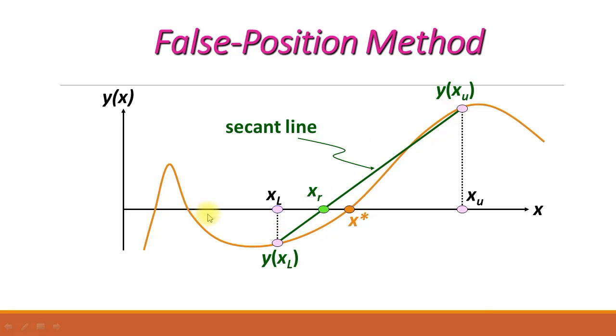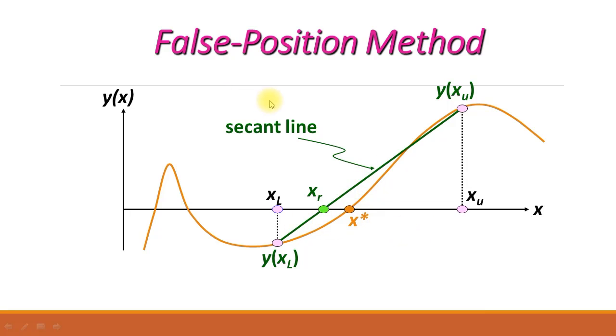If we replace this curve by the secant line, then we will find the roots x0, x1, x2, x3. This xr is the approximate root, and this x star is also an approximate root. So we replace this curve by a secant line.